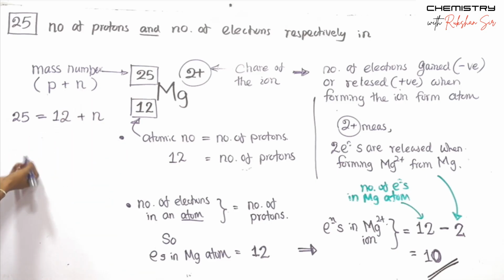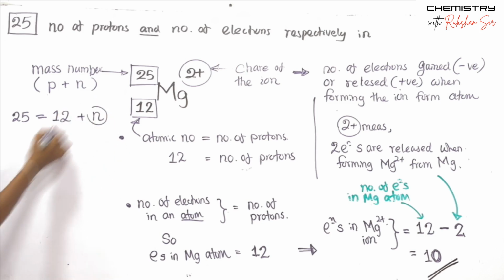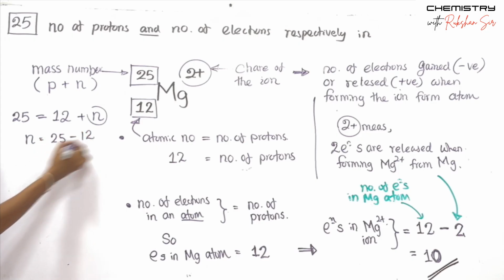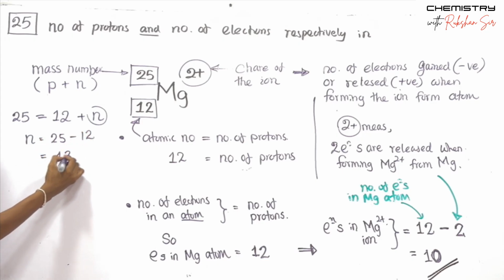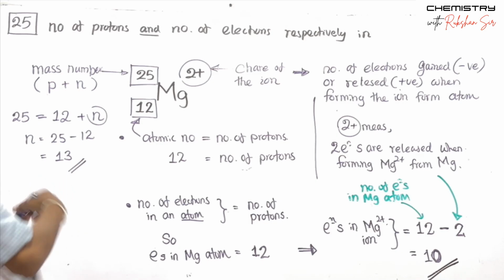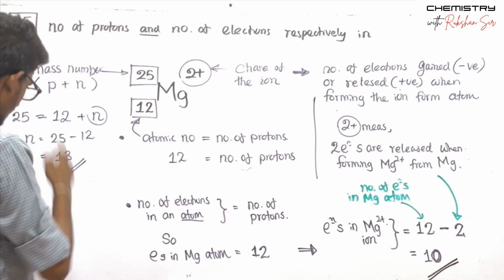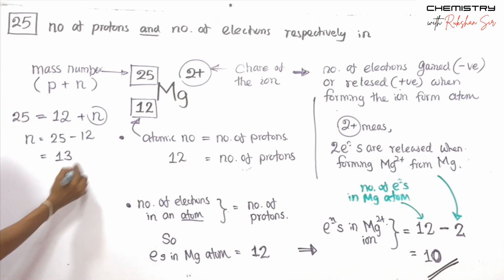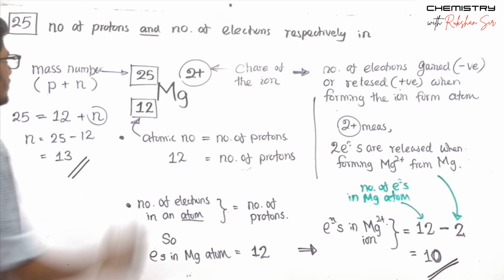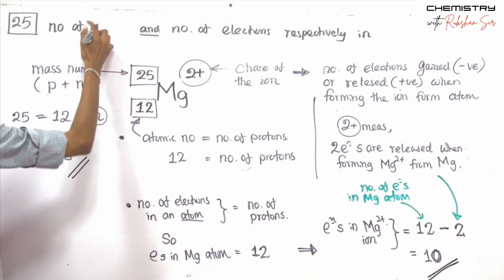So the number of neutrons is 25 minus 12, that is 13. So the number of electrons is 10 and the number of neutrons is 13.